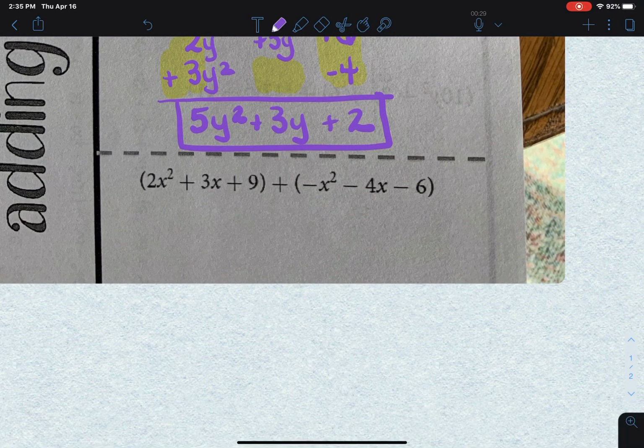On the next one, I have x squared as my highest exponent that's with the variable. So now, once I've got these set up, now we're going to go through and start to sort. So 2x squared plus 3x plus 9.